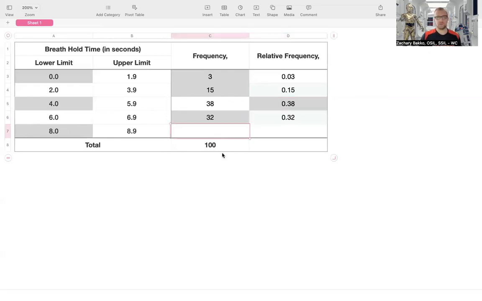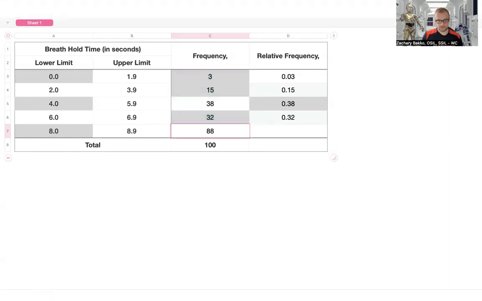And now we want to know what's left in this blank spot to get 100 total with these frequencies. So if we do this, we can just use a little Excel here, right? The sum of that is 88.